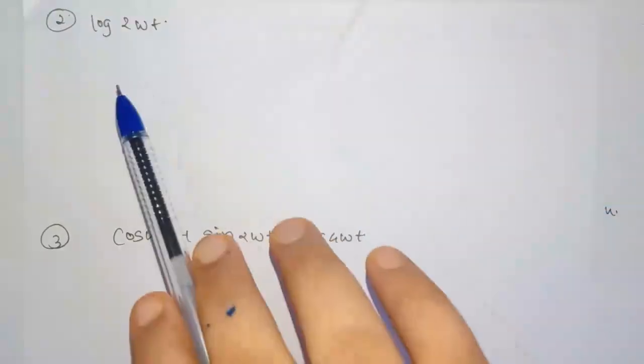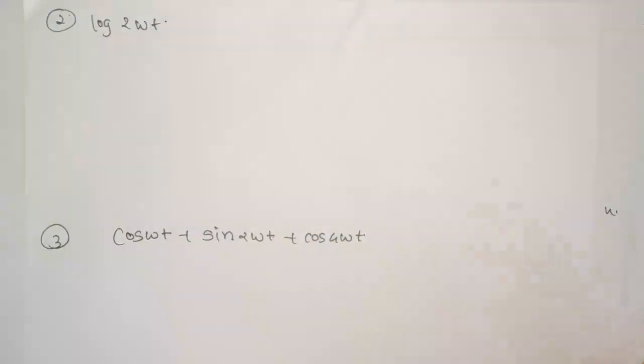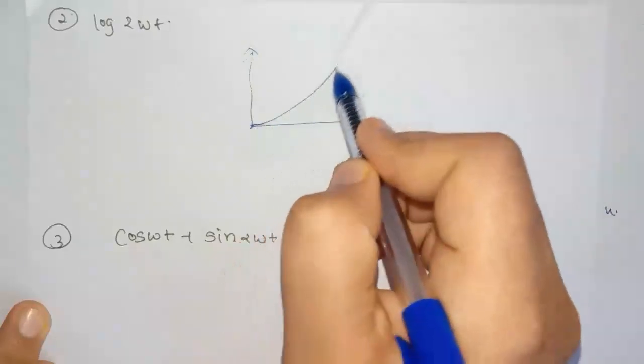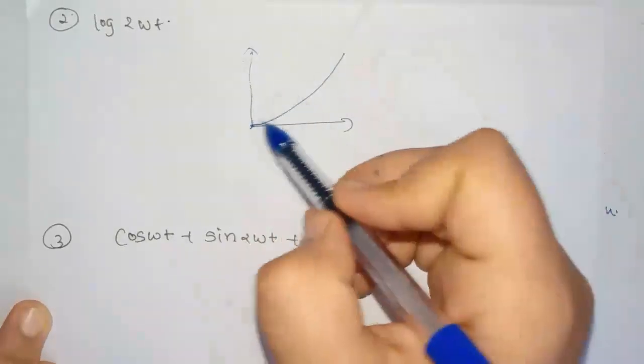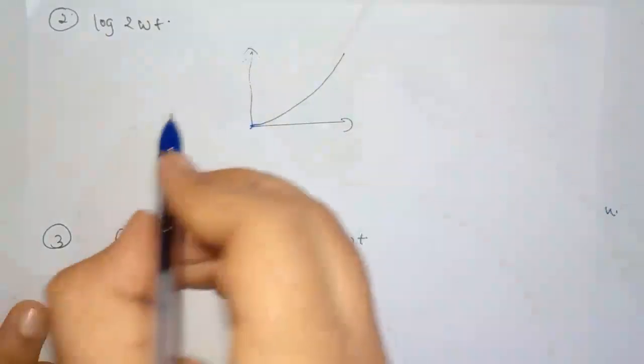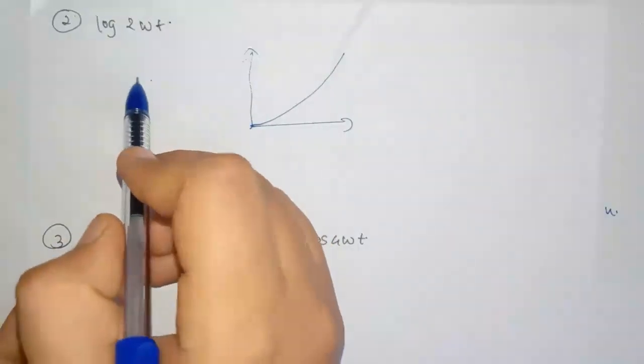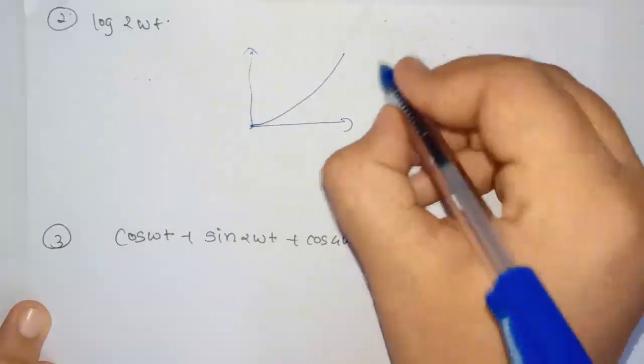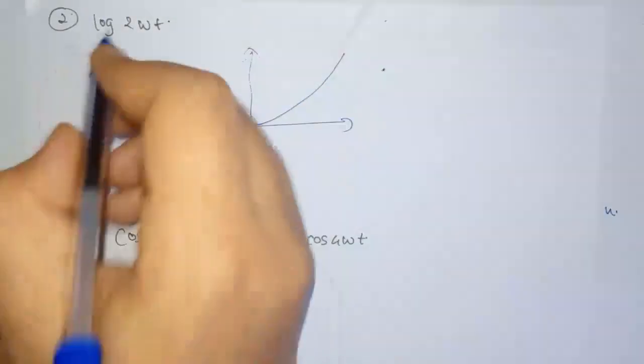The second function is log 2 omega t. If we draw the graph of log function, then it will be somewhat like this. It is not a periodic function. The logarithmic function and the exponential functions are not periodic. So, note it is non-periodic.